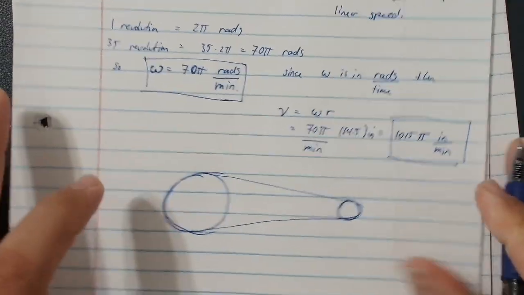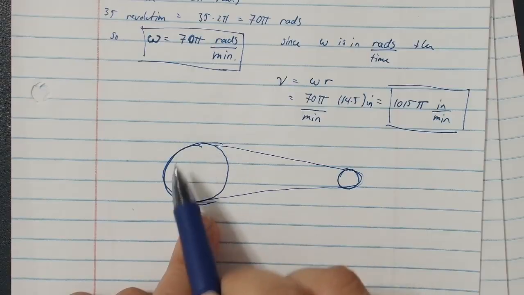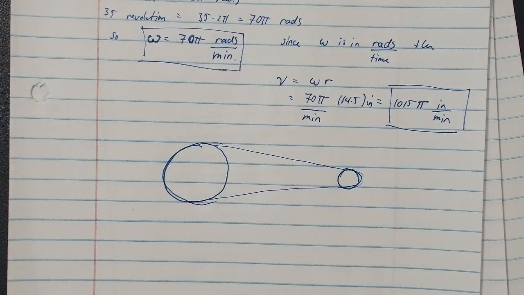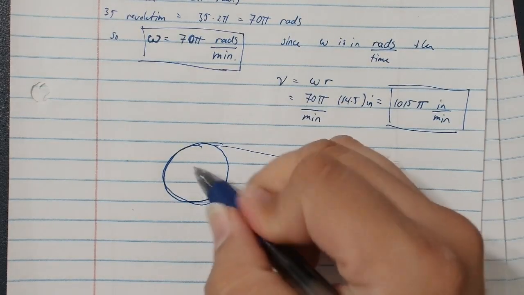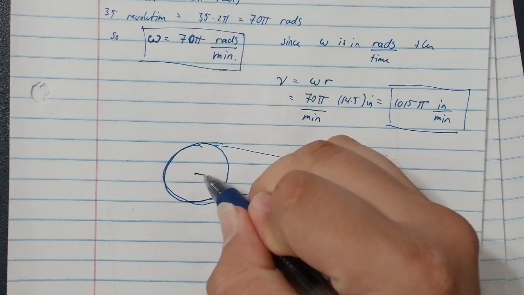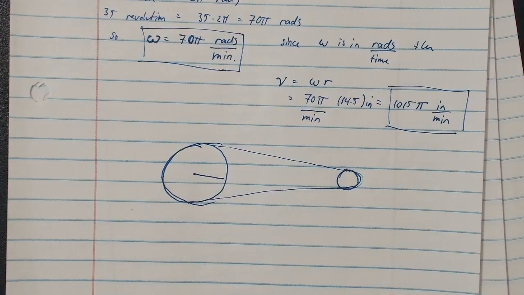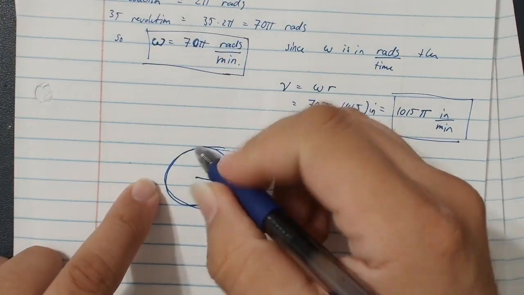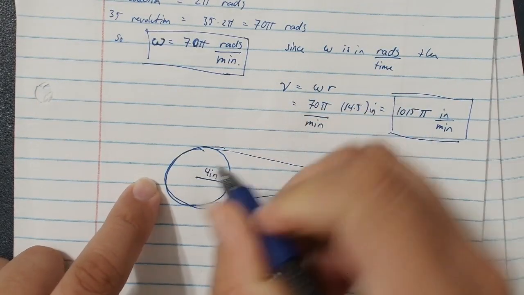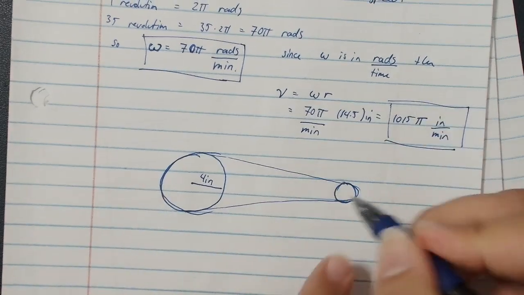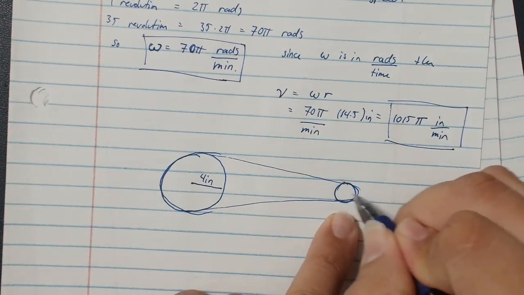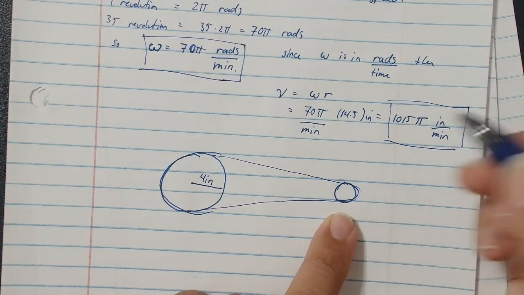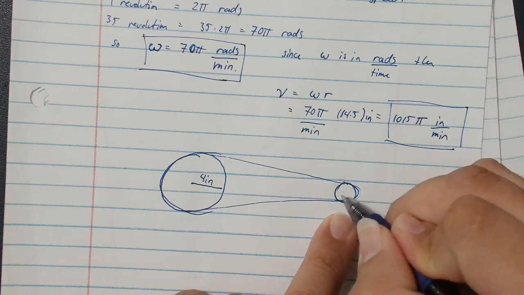All right. So now, let's say this thing right here has a diameter of 8 inches. So the diameter would be 8, so here you would have 4. So this is a 4-inch radius. And back here you have something with a diameter of, let's say, 2 inches.